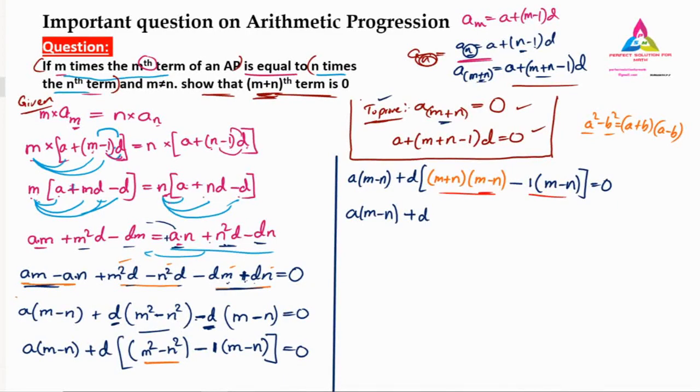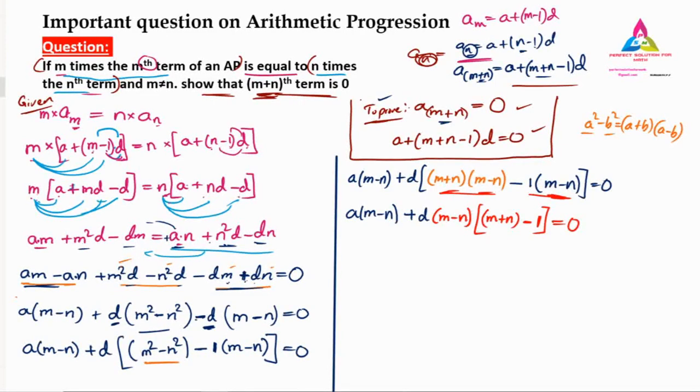Here we have m minus n, and here also we have m minus n, both are multiplied. So we can take m minus n common. I will write m minus n common into, and inside the bracket what is left is nothing but m plus n. m plus n is left inside, and here what is left? m minus n is already taken outside, so left is minus 1. That's all. That is equals to 0.